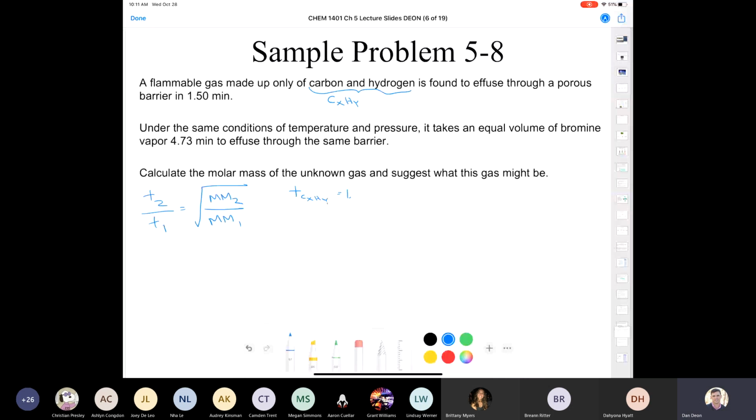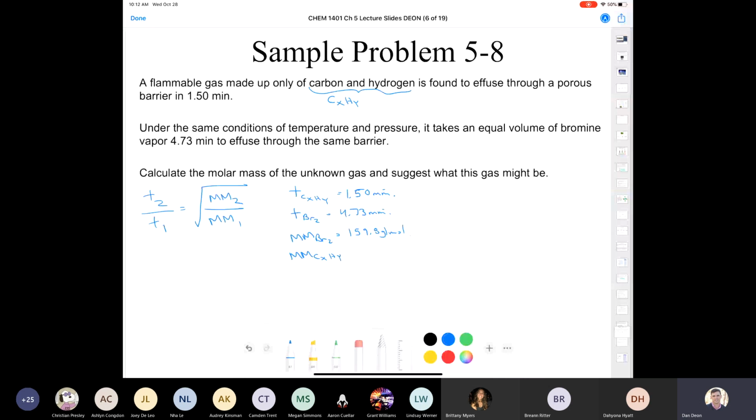And the time for our bromine gas is 4.73 minutes. We know the molar mass of Br2, just 79.9 times 2. So the molar mass of Br2 is 159.8 grams per mole. And what we're looking for is the molar mass of CxHy.